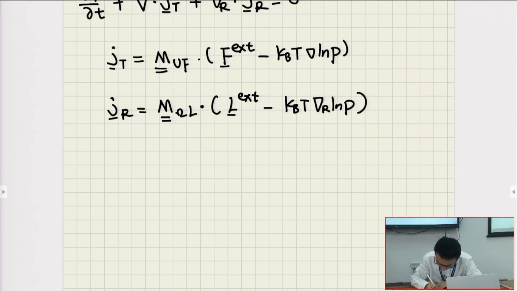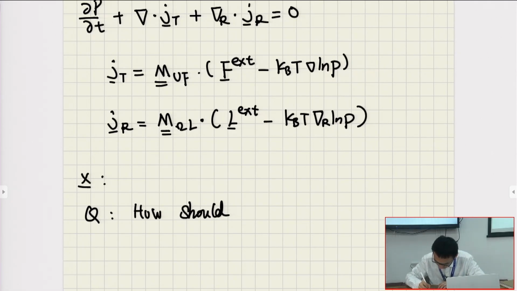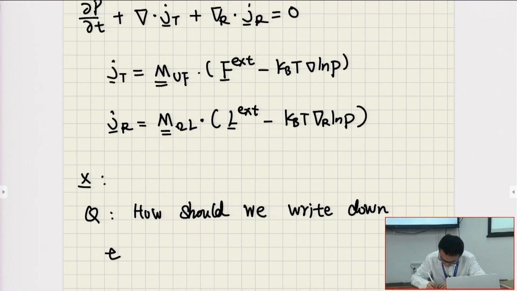Okay, great. So there's a mathematical complexity here. So x, that's just the position coordinate, okay? We know how to take a gradient with x. That's fine. So the question is, how should we write down the orientational gradient or the rotational gradient?